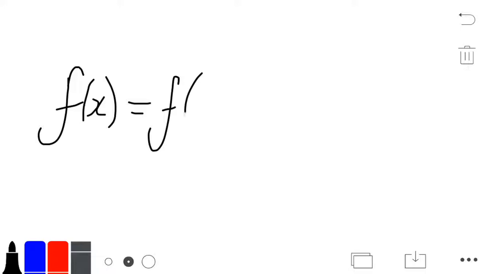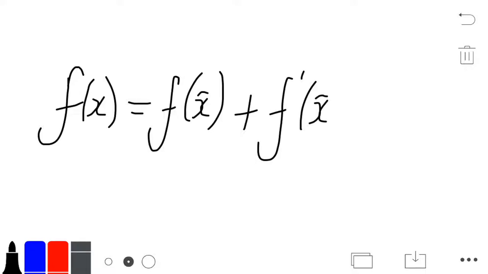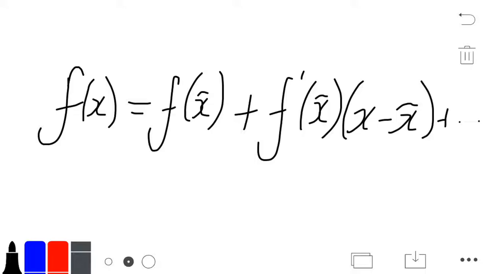And if it's true, then we can use a Taylor series to compute the value of f of x near f of x tilde. So in other words, f of x, using our Taylor series approximation, is equal to the function value at x tilde plus the first derivative value at x tilde multiplied by our difference plus higher order terms.